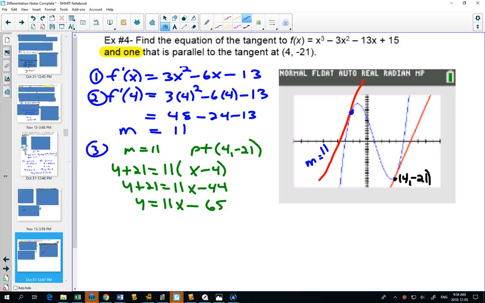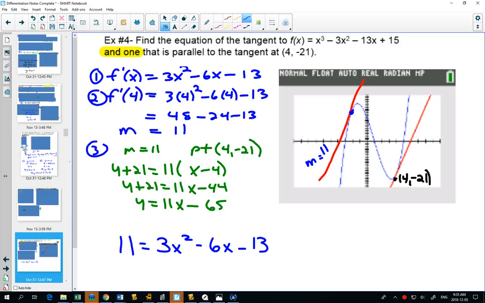So what we have is an equation for all the slopes. f'(x) equals 3x² − 3x − 13. We could use that equation and say, I know the slope is 11, I just don't know what the values of x would be.